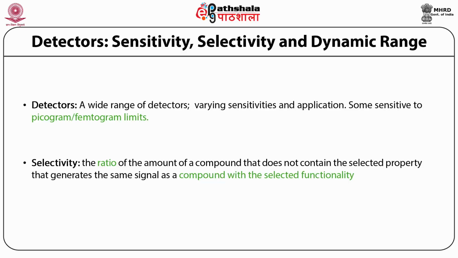One would desire from an ideal detector a reproducible response to the change in eluent concentration, the feature of a linear dynamic range, and as far as possible the dynamic range should also be large.